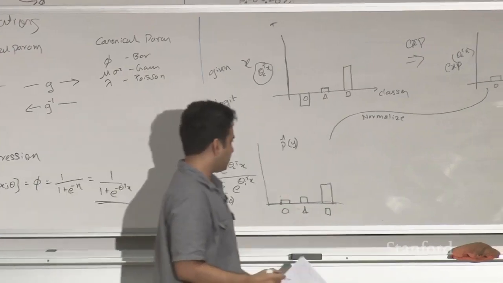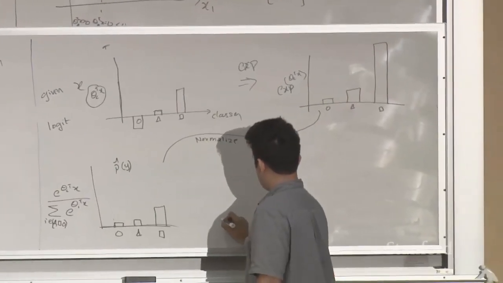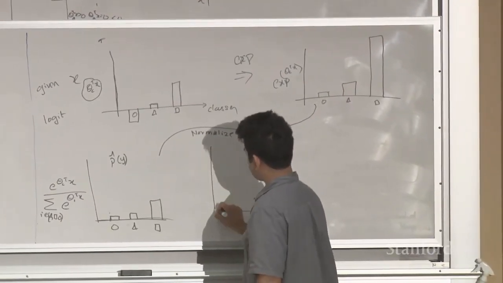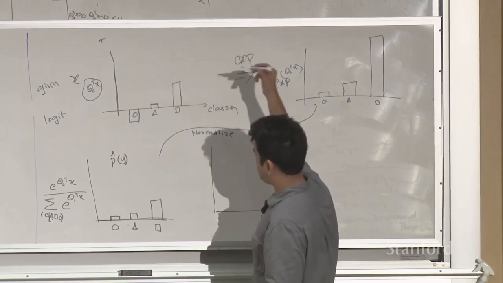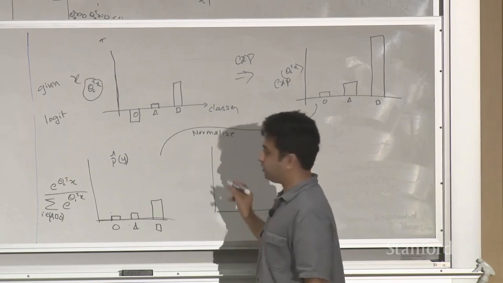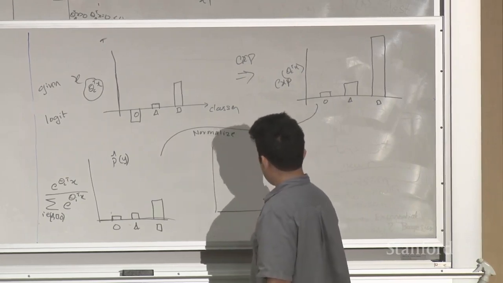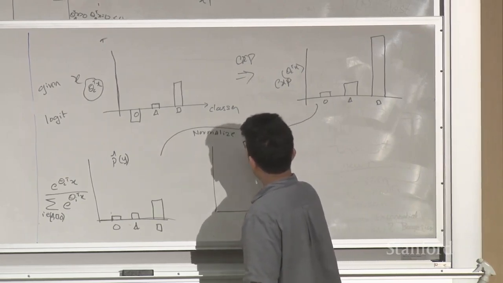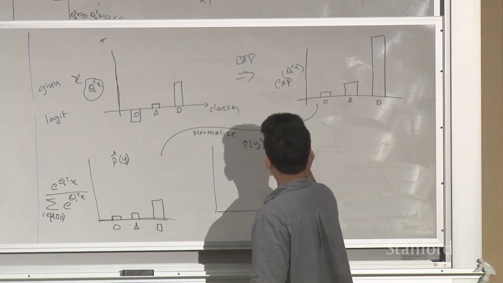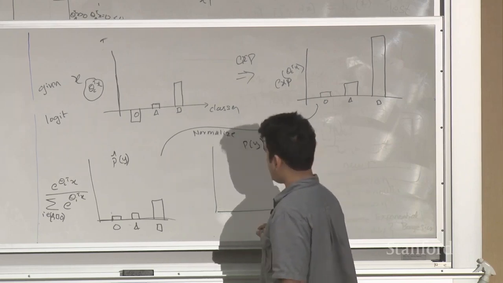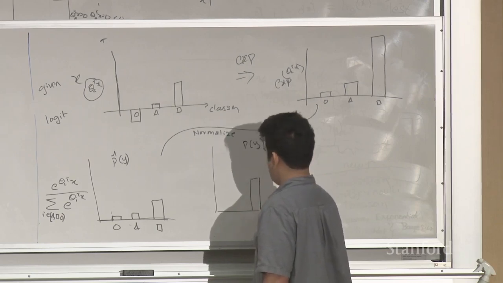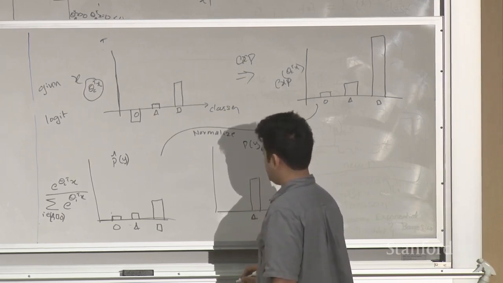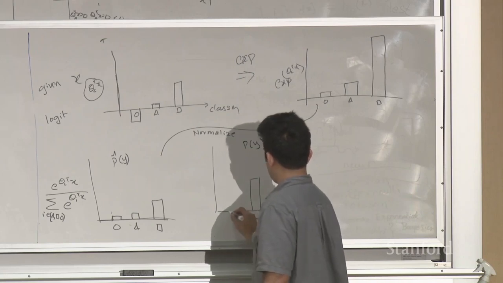And now the true y would look something like this. Let's say the point over there was a triangle for whatever reason. Then p of y, which is also called the label, you can think of as a probability distribution which is 1 over the correct class and 0 elsewhere.